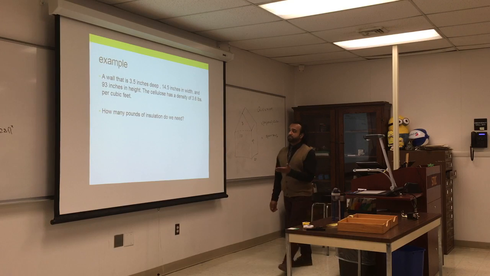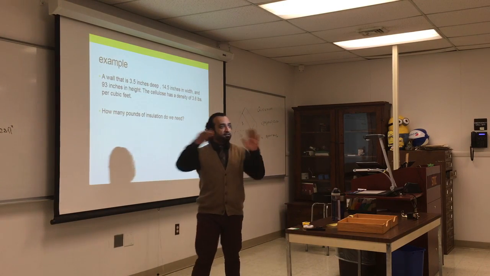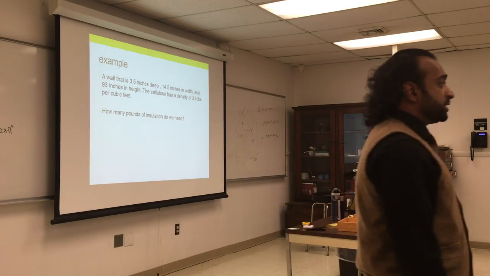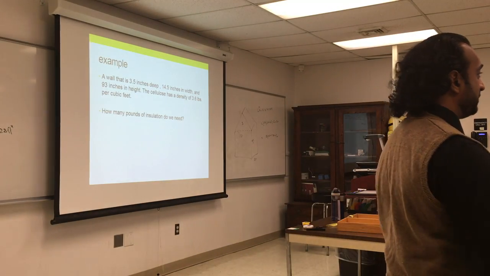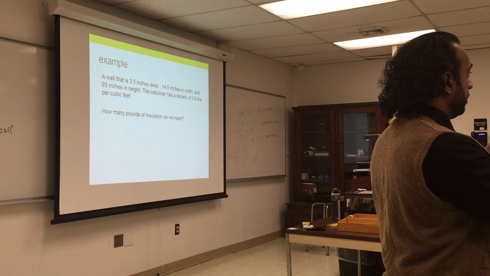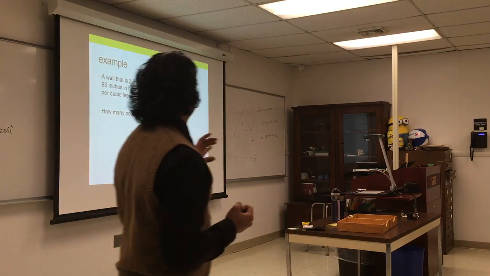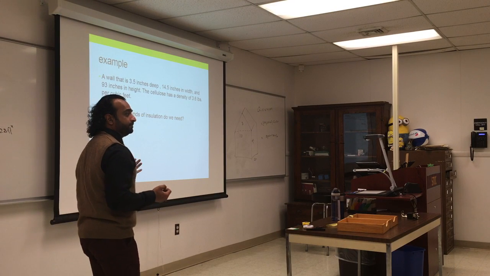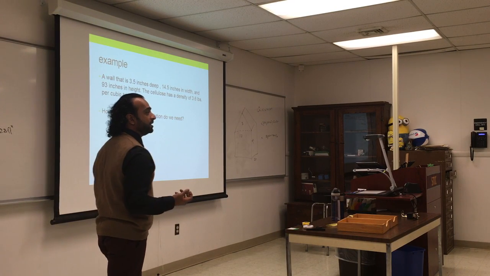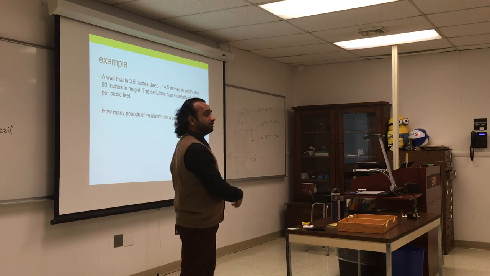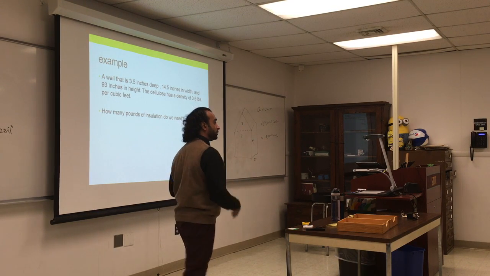How many pounds of insulation do we need for that cavity in the wall? And again, the good thing about this insulation is you already have a drywall, so you don't have to take it out. You can just cut a hole and pump some insulation in it to retrofit it. So I want to know how much I'm going to pump, 2 pounds or 3 pounds or how much. Because when you pump it, it's going to be loose, it's going to fill out, so you can wait for it to settle, maybe compress it a little bit and put some more.